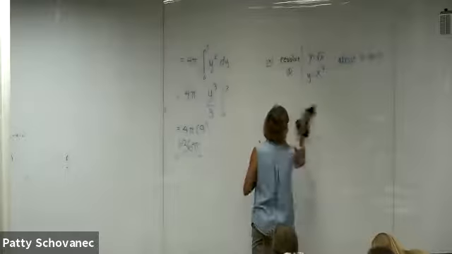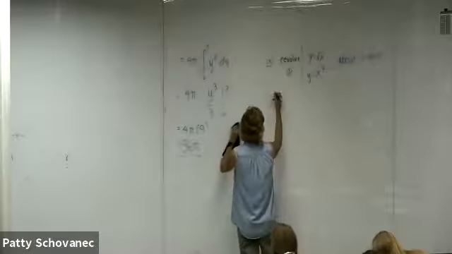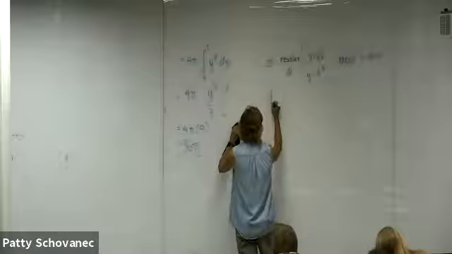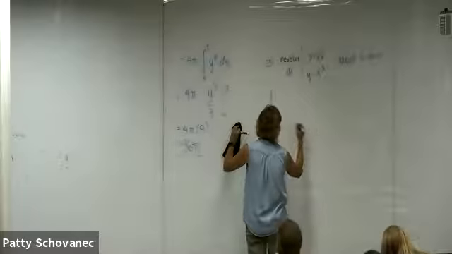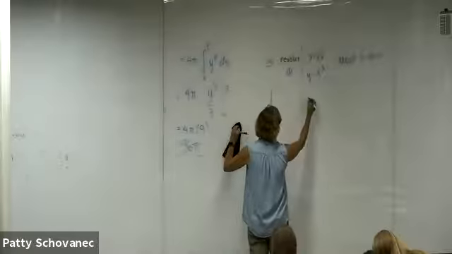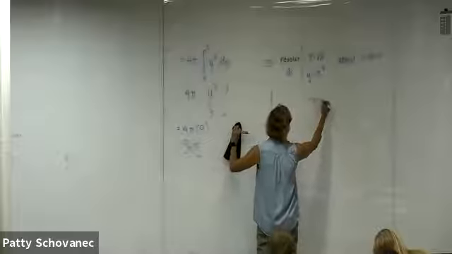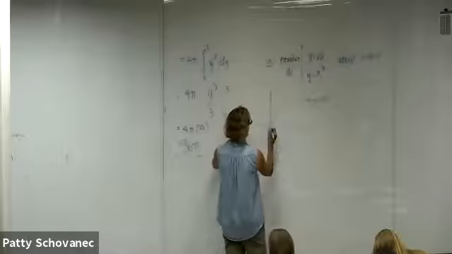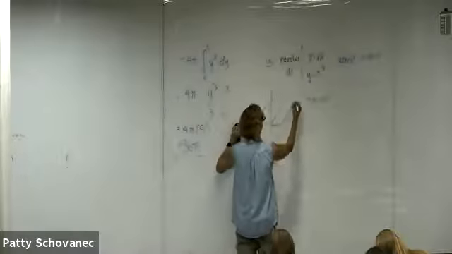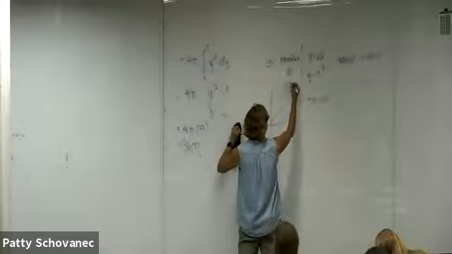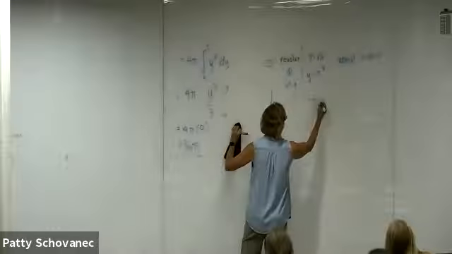Picture's going to tell us everything. All right, y is equal to x squared is that. We only need to worry about this first quadrant, so let's put our parabola like that. Oops, I just wrote the wrong one.